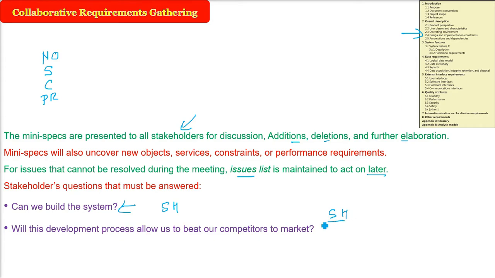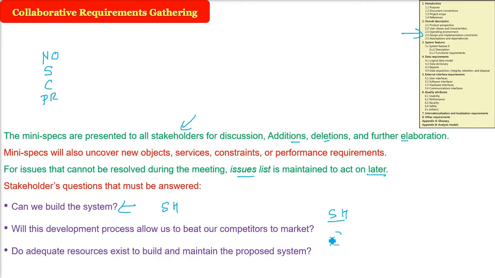And do you have resources? Can you maintain this system later? These are the stakeholder questions, and you need to answer properly. And on performance, they may ask, will the system performance meet the needs of our customers? Because they are making it for the customers. This is all about business.